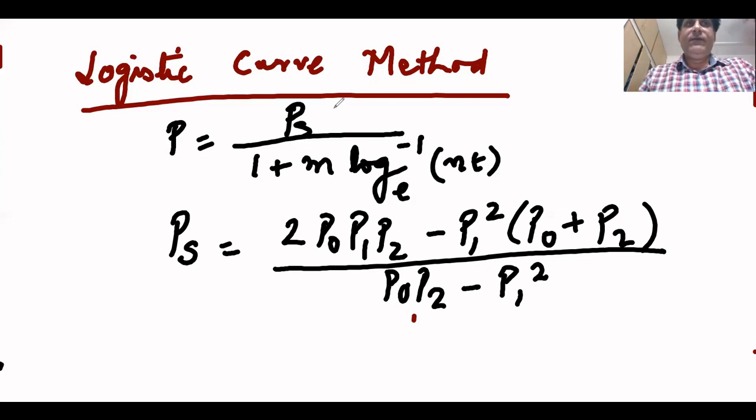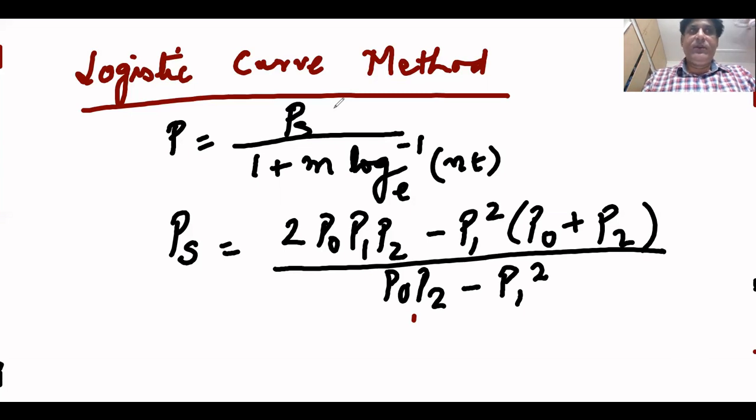N is the number of decades which are known, right? P0, P1, P2 are the known population given after a particular decade. Like the initial population is P0 and it is at time 0.